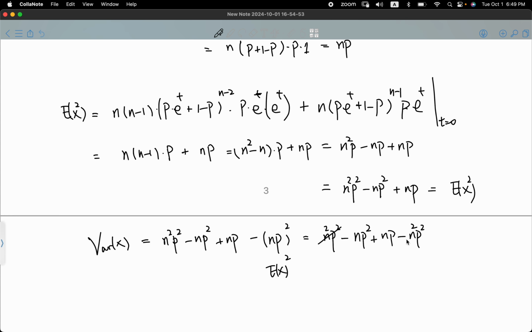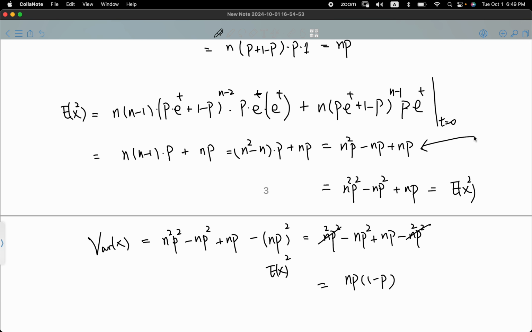So these two cancel out. You will have np. So I'm bringing up the np here and then changing the order. So this is 1 minus p from the square here. So np multiplied by 1 minus p.